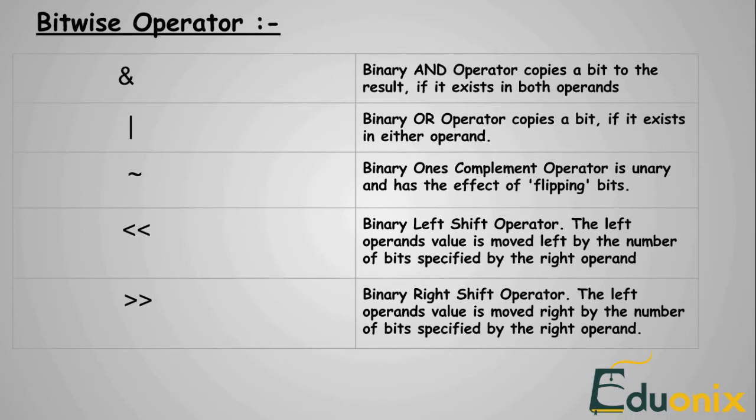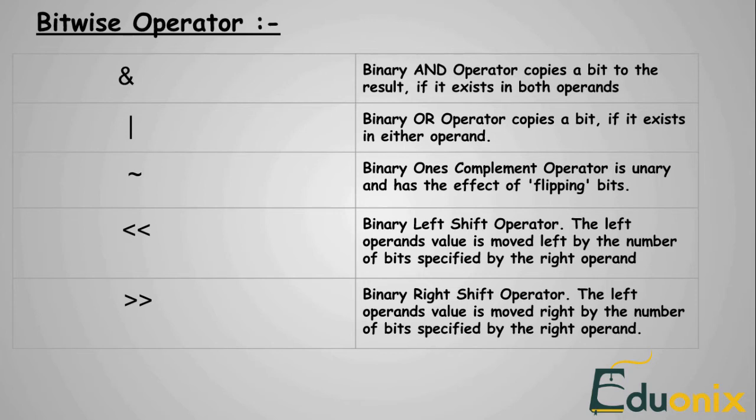At a very basic level, all numbers in a computer work in combinations of 1 and 0, like 1 1 1 0 0 0 0 1. This binary one's complement operator is unary and has the effect of flipping bits. That means ones will be converted to zeros and zeros will be converted to ones, and a one's complement will be generated.